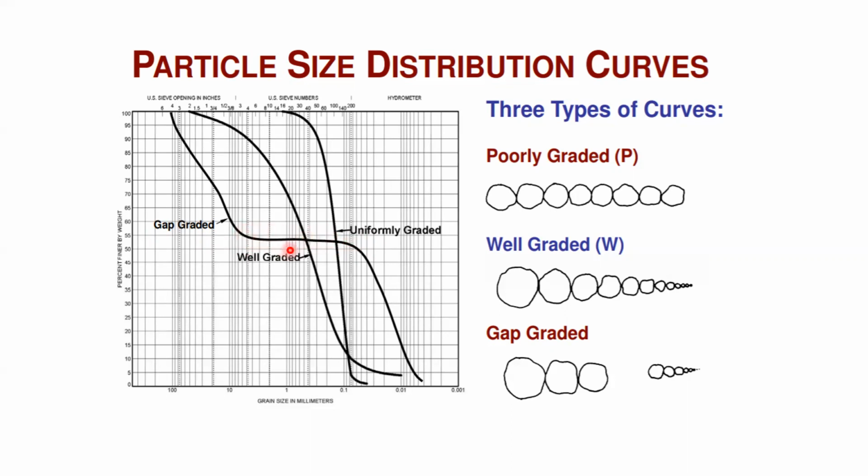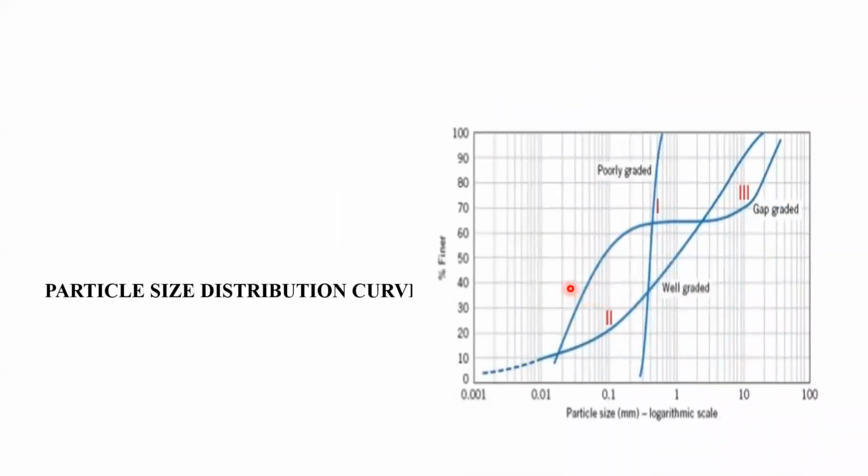Vacant means we are not going to mark any points on this graph, because we are not going to get any size of those particles. That's why it will remain vacant, blank, empty, or a gap. This solid line we have drawn here will be completely a gap. That's why it is called gap graded.